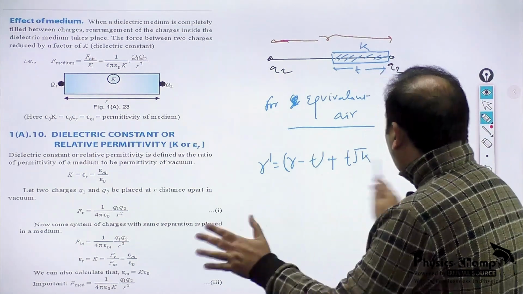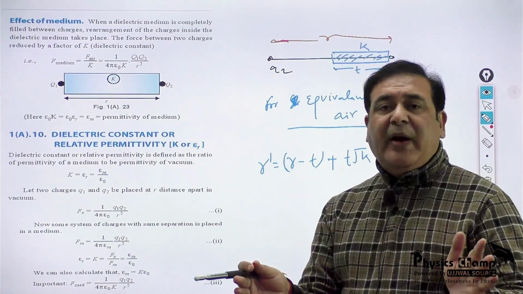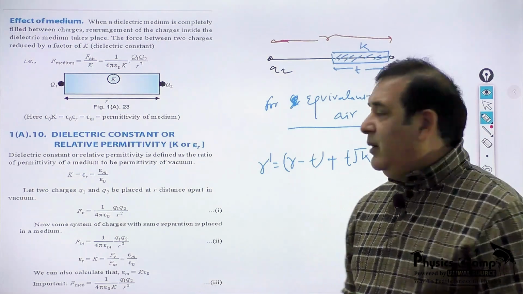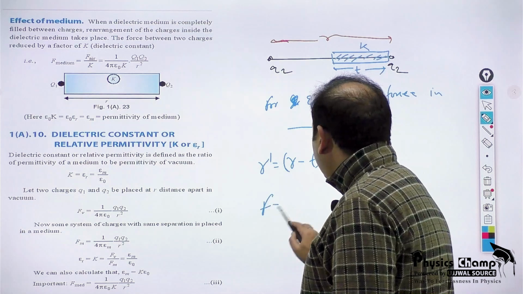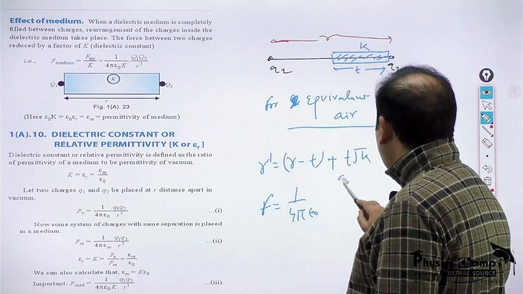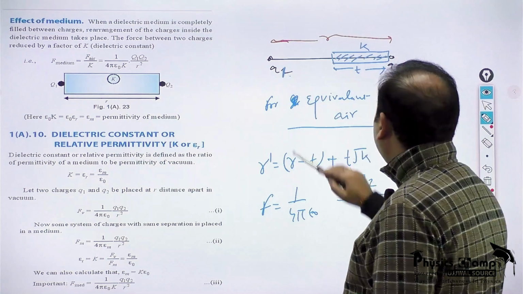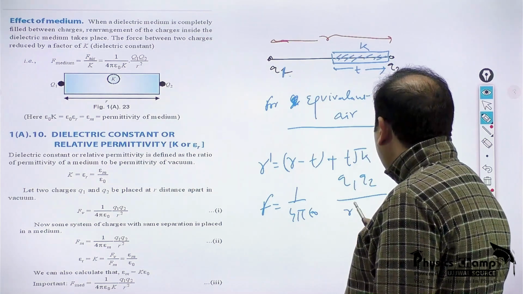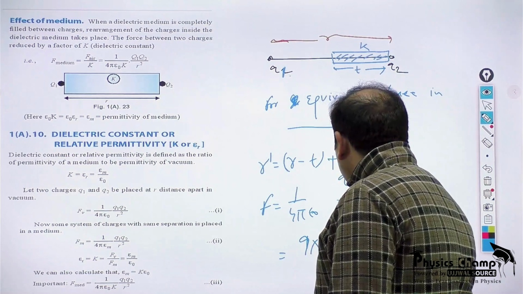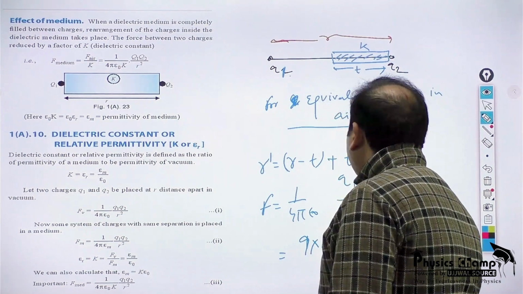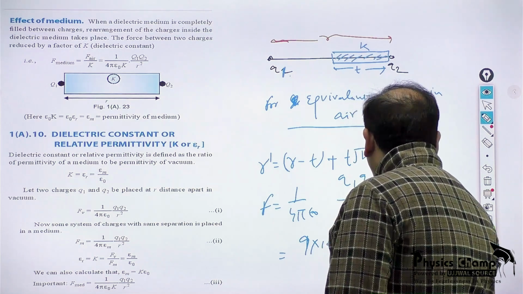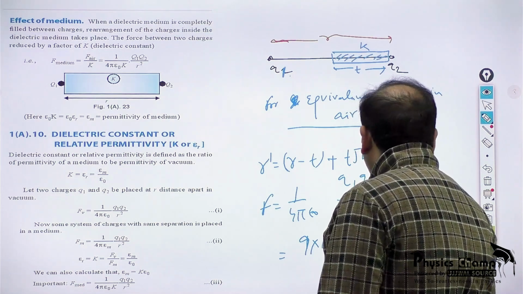This will be the equivalent distance which will provide the force between the two point charges as though they are placed in air. So the force between them will be 1 by 4 pi epsilon naught Q1 Q2 divided by r dash square, or 9 into 10 to the power 9 Q1 Q2 divided by (R minus T plus T root K) square.